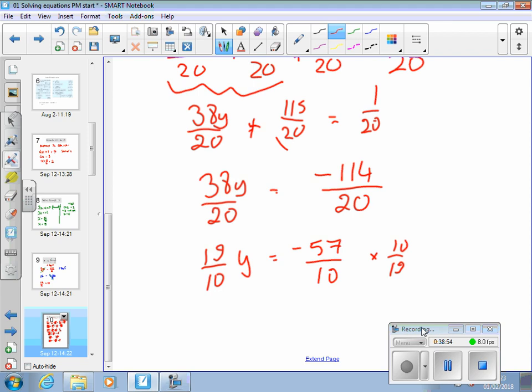Multiply by 10 both sides, divide by 19 both sides. And then cancel out and leave y on its own. Minus 570 over 190. What will that come out as?